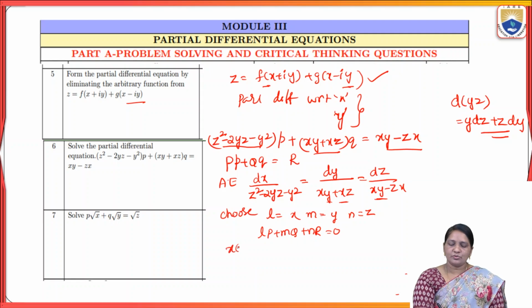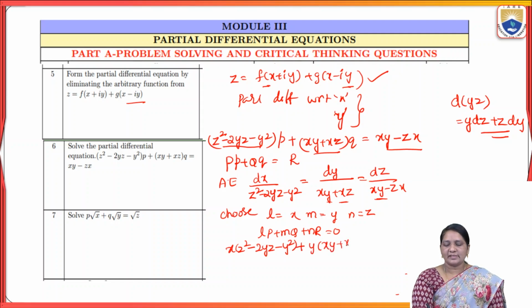So first, x into (z square minus 2yz minus y square) plus y into (xy plus xz) plus z into (xy minus zx).